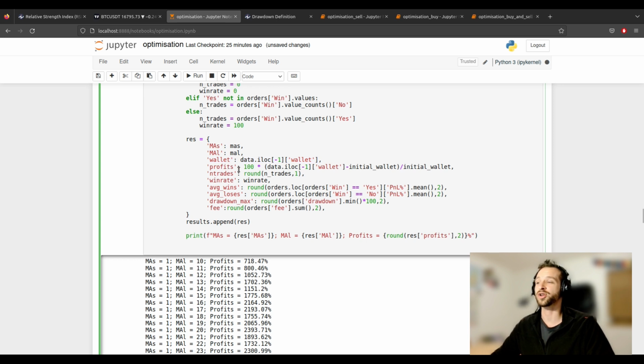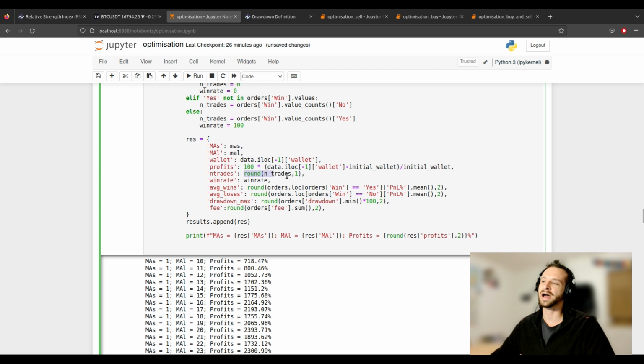Then I also want to know about the profits. Note that the profits are computed as the relative difference of the end value of the wallet with respect to the initial value of the wallet, and I times that by 100 because I want it in terms of percentage. I also want to track the number of trades.